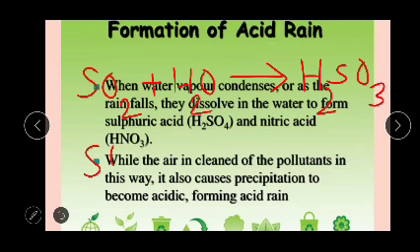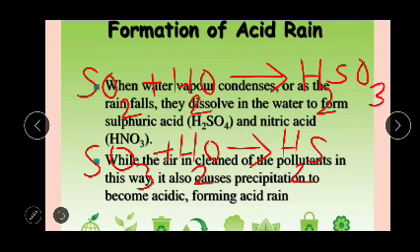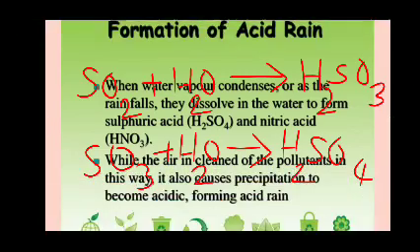SO3, sulfur trioxide, reacts with water molecules to form H2SO4, sulfuric acid. The sulfurous acid and sulfuric acid combine with rainwater to form acid rain. This rainwater's pH value is 5.6 to 3.5. These reactions are involved in acid rain.